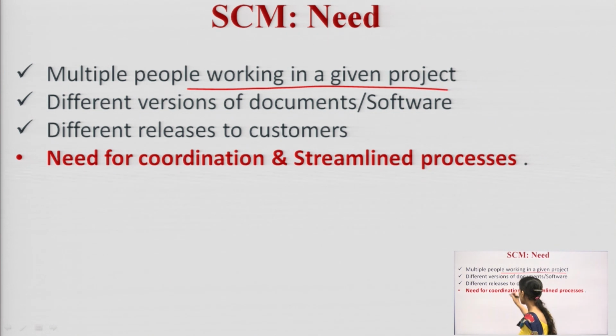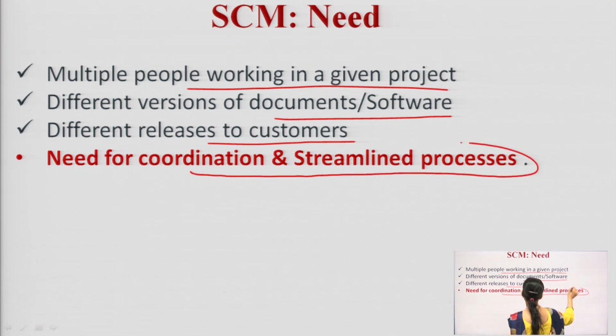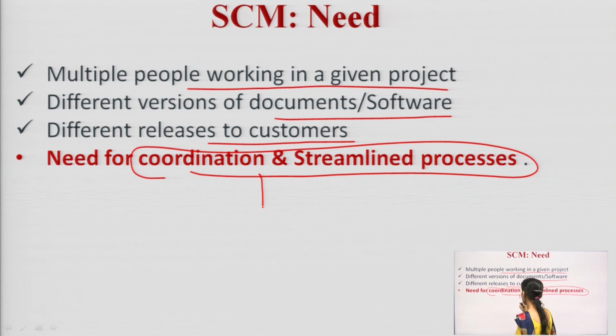Then there may be different versions of documents or software, and we need one consistent version. Then there may be different releases to the customers, and then there is a need for coordination and a streamlined process. That is why we want SCM.